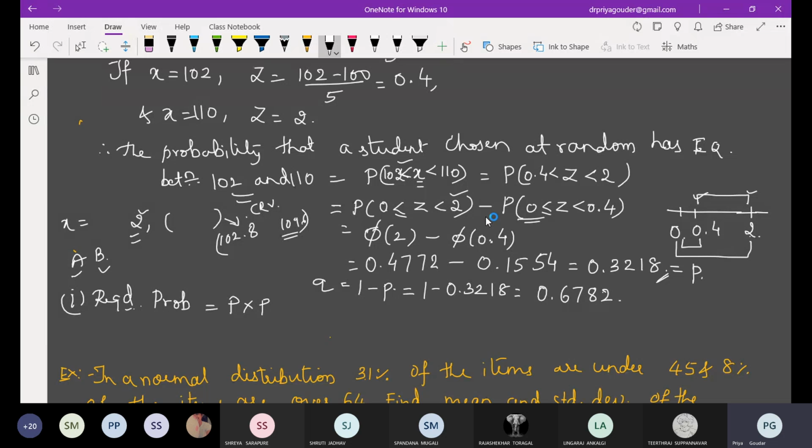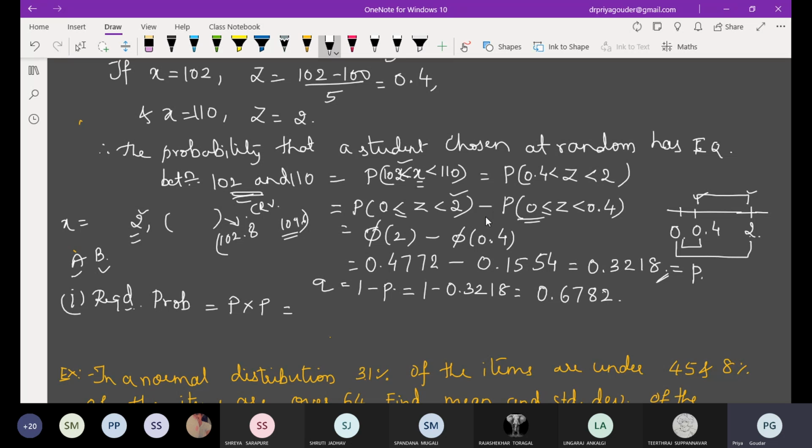I'm taking P for student A means I'm taking the IQ between this. I'm taking Q means I'm taking the complement of that. So I want both students, so don't get confused by writing X equal to 2, X less than, greater than and all; you can write it directly. Is this clear?